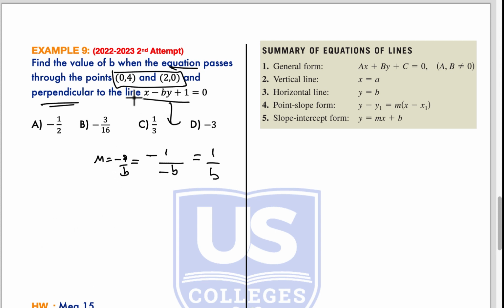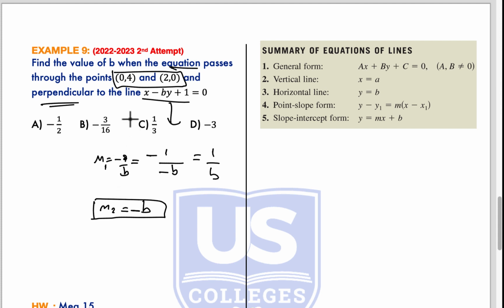I am looking for a line that's perpendicular to this. If m1 is 1 over b, m2 will be its opposite reciprocal. Reciprocate this number, 1 over b, when you flip it, it's b, and take its opposite. So negative b is the slope of the new line.